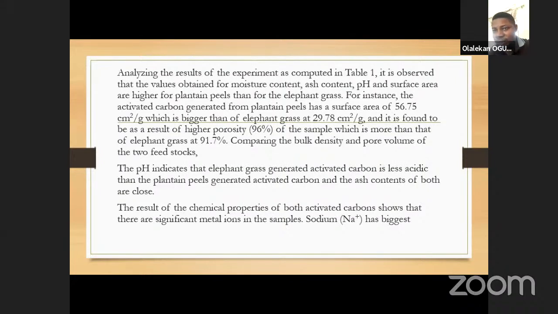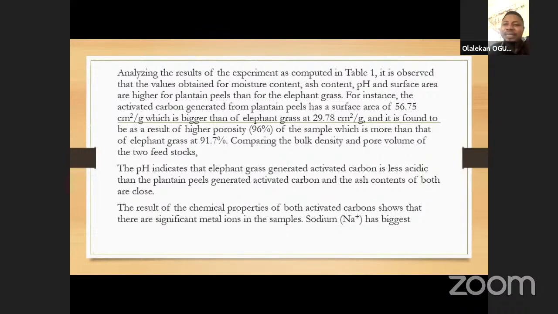Okay, sir. This is just a brief explanation about the outcome. From the analysis of the experiment as computed in table 1, it is observed that the values obtained for moisture content, ash content, pH and surface area are higher for plantain peels than for the elephant grass. For instance, the activated carbon generated from plantain peel has a surface area of 56.7 centimeters square per gram, which is bigger than that of elephant grass at 29.78 centimeters square per gram.